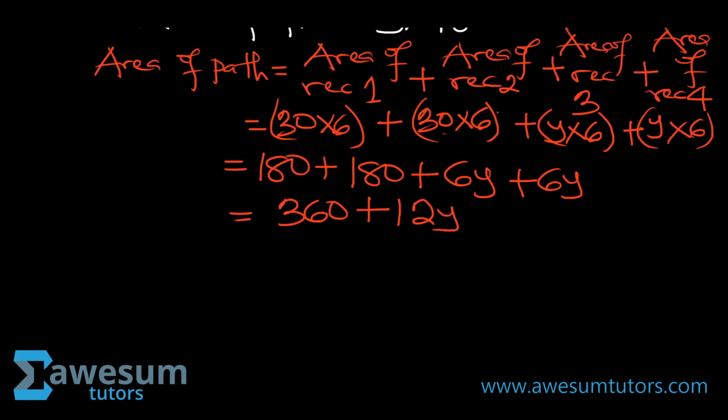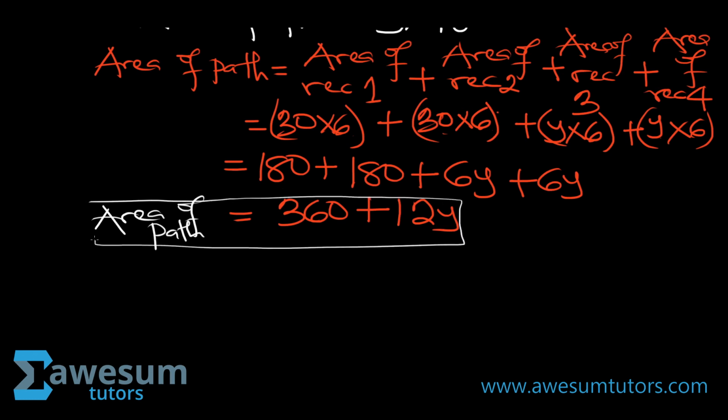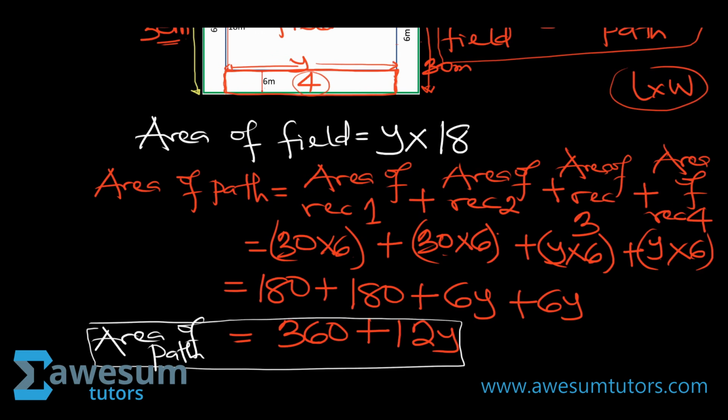Very good, guys. We have been able to find the area of the path right here. And also remember, we were able to find the area of the field, which is this.